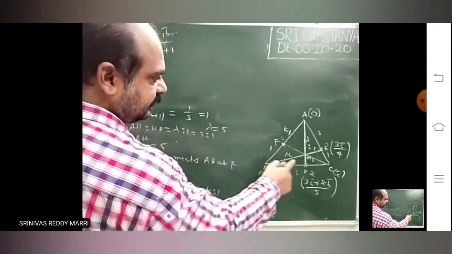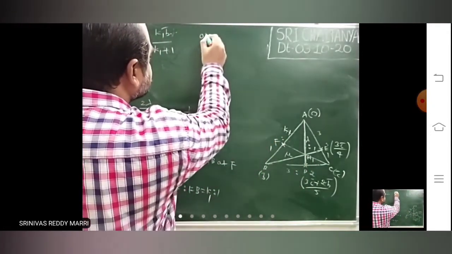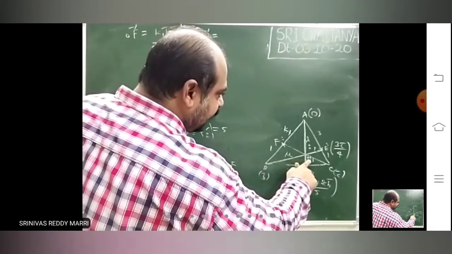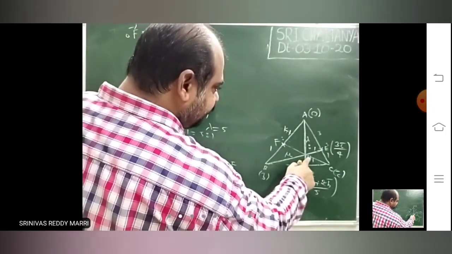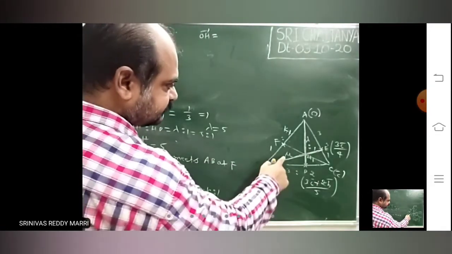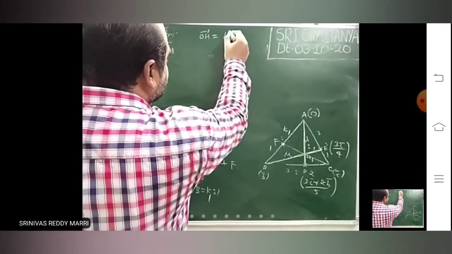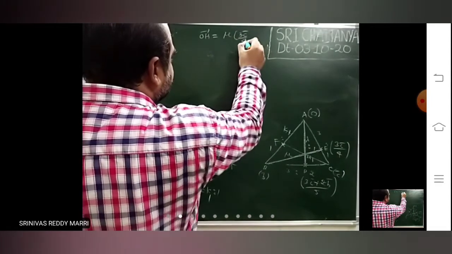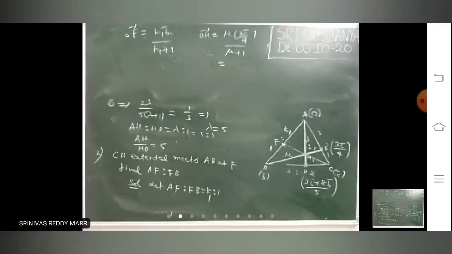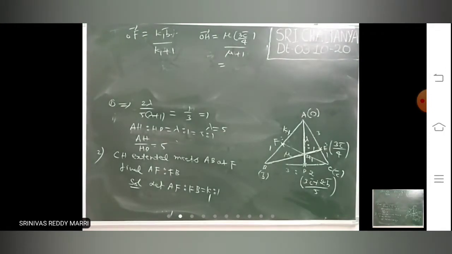Now look at the H point, you can calculate. The position vector of H, OH bar, you can calculate. OH bar is from the line we have already written, mu into 3C bar by 4, either lambda or mu, anything you can substitute. What is mu?